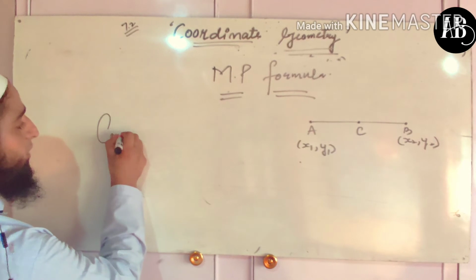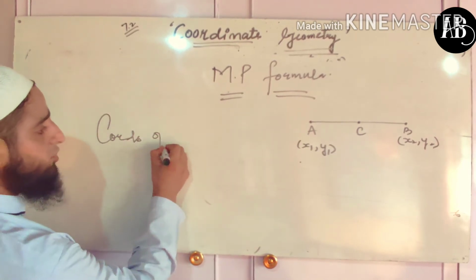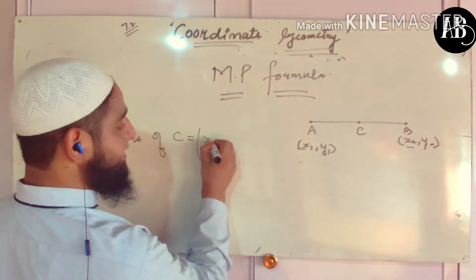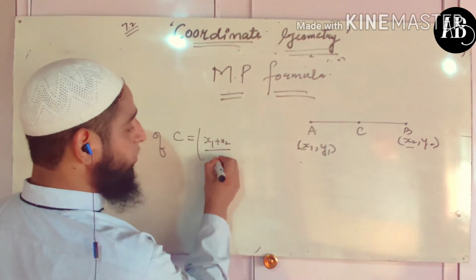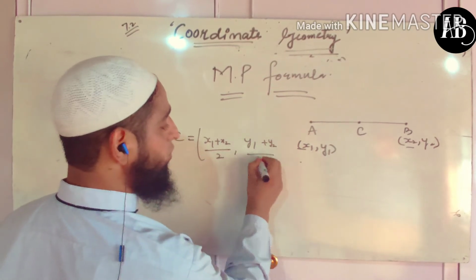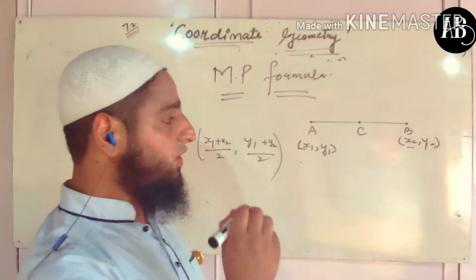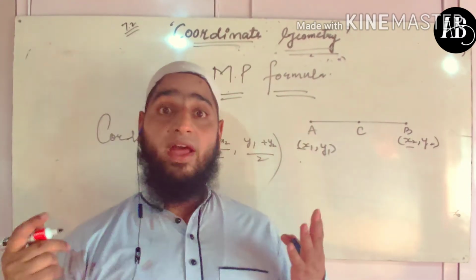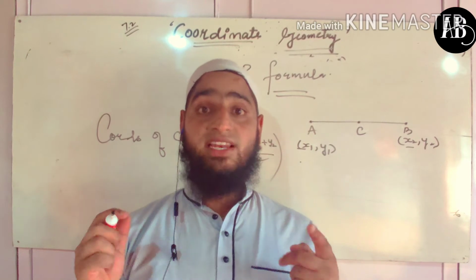The midpoint formula says the coordinates of C are: add the x coordinates, x1 plus x2, whole divided by 2, then the y coordinates, y1 plus y2, whole divided by 2. It is a simple formula. We can use the midpoint formula where the point of division is the midpoint.